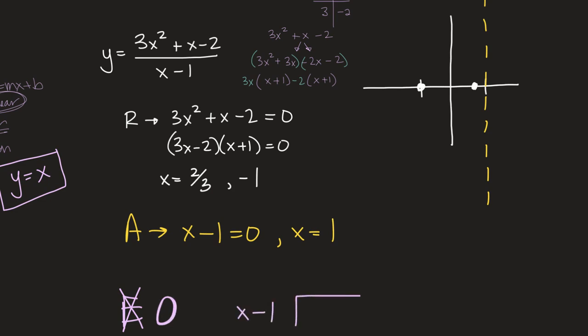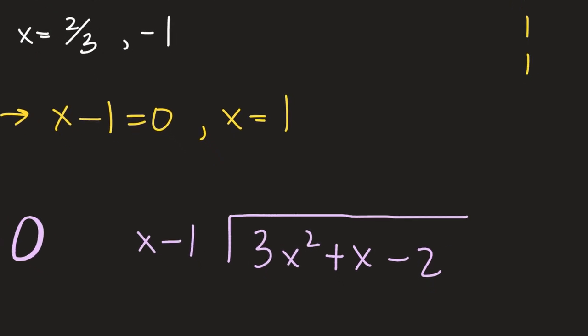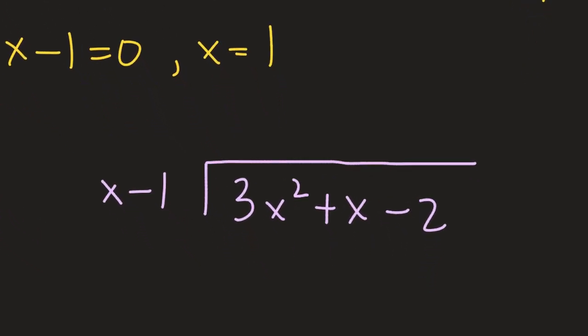So x minus 1 goes on the outside, and 3x squared plus x minus 2 goes on the inside. Okay, 3x squared plus x minus 2. And now we think in our brains, what do we have to multiply x by in order to get 3x squared?